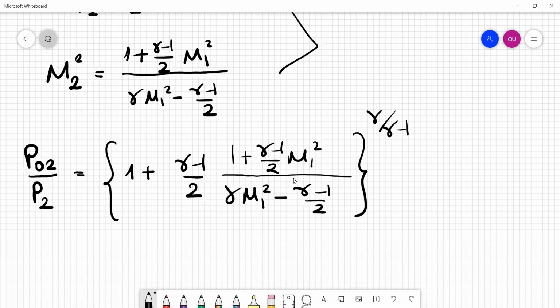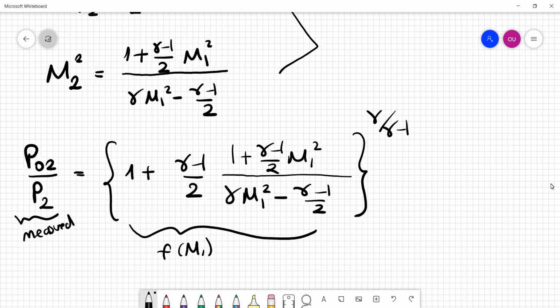So now the right-hand side of this equation, it's nice. It's only a function of the flight Mach number, basically, the Mach number in front of the shock wave. On the left-hand side, these are basically measured by your sensors inside the aircraft. So the thing is, of course, what I would like to know is M1.